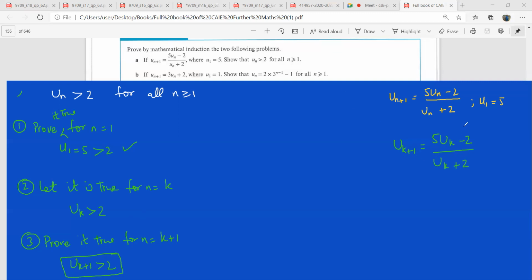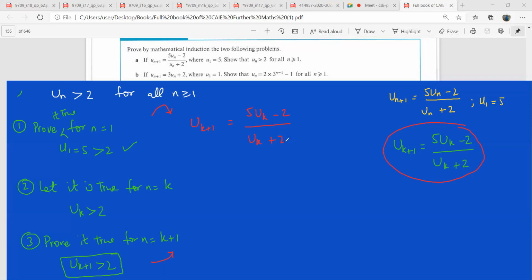I'll be picking this thing from here. I'll start from this: uk plus 1 is equal to 5uk minus 2 over uk plus 2.